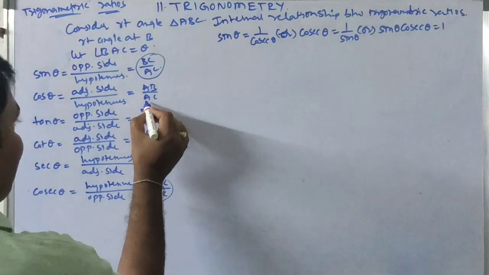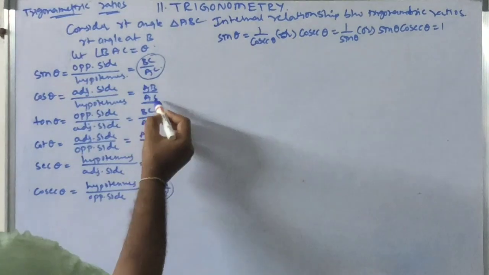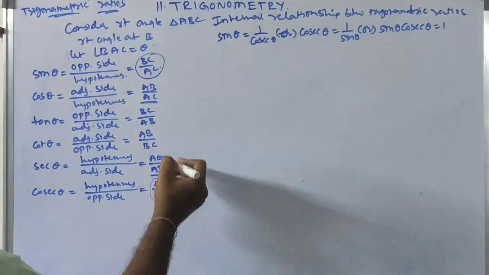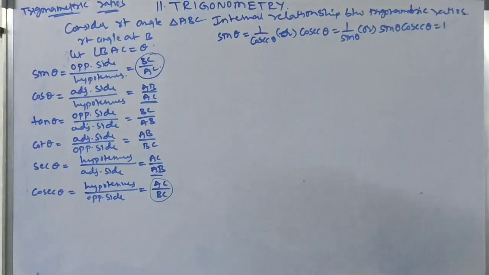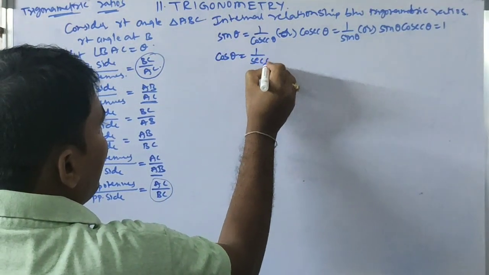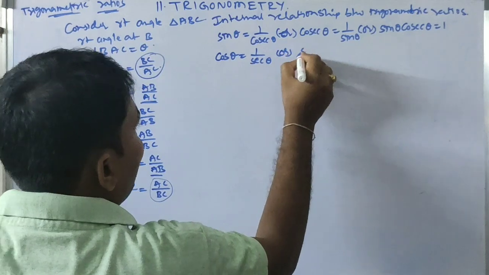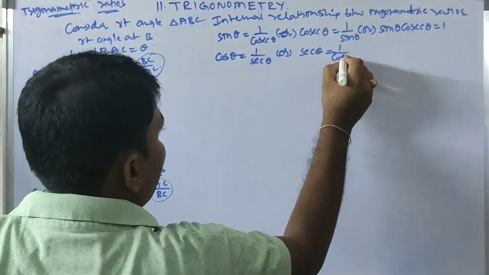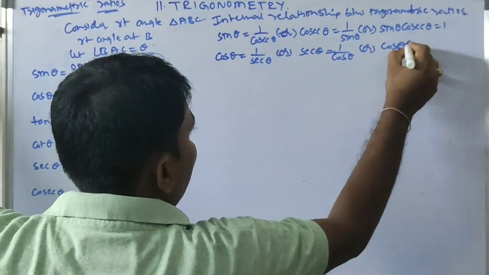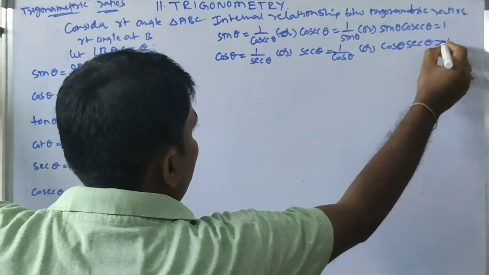Similarly, AB by AC and AC by AB, these two are reciprocal to each other. Cos and sec: cos theta equals 1 by sec theta, or sec theta equals 1 by cos theta, or cos theta into sec theta equals 1.